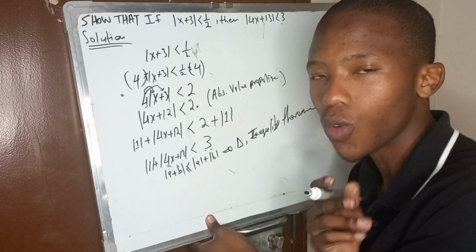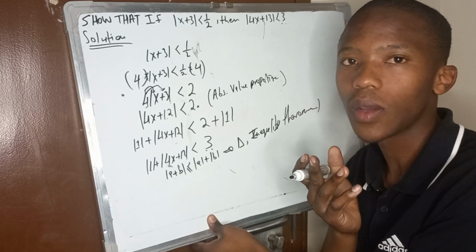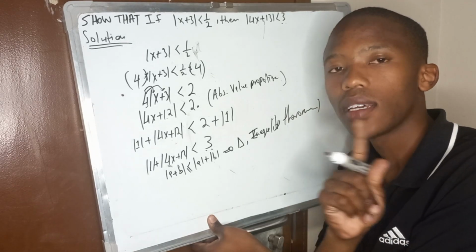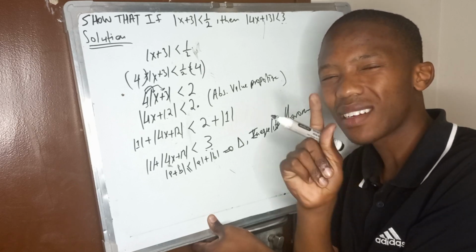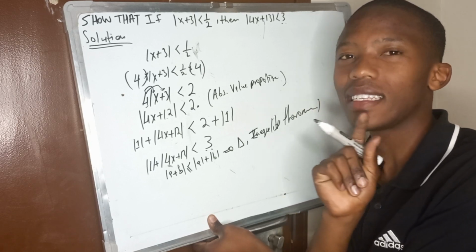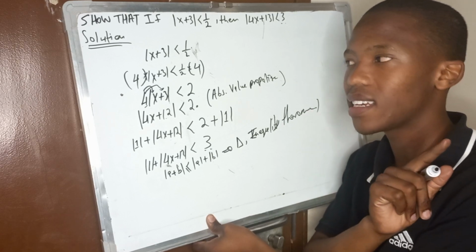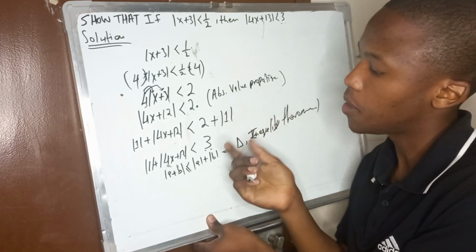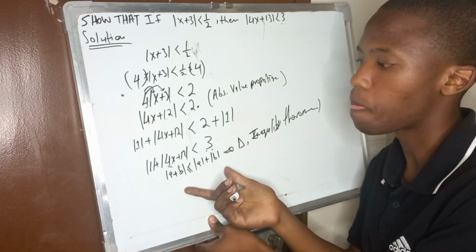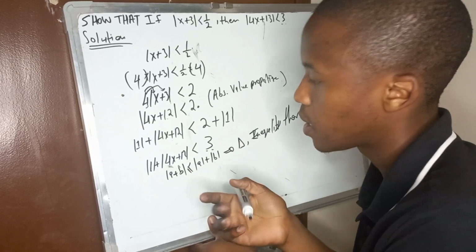If you haven't heard yet about the triangle inequality theorem, please look at the link on your screen and watch me proving this theorem. It will come out on your test.